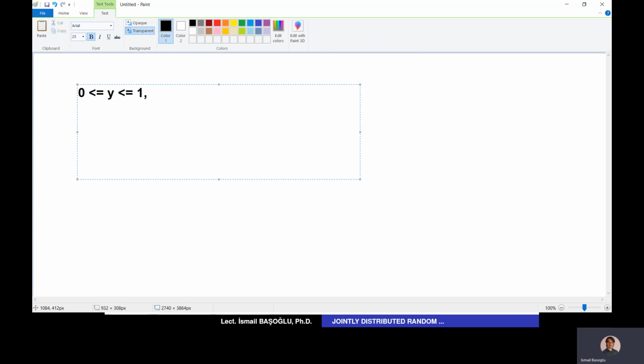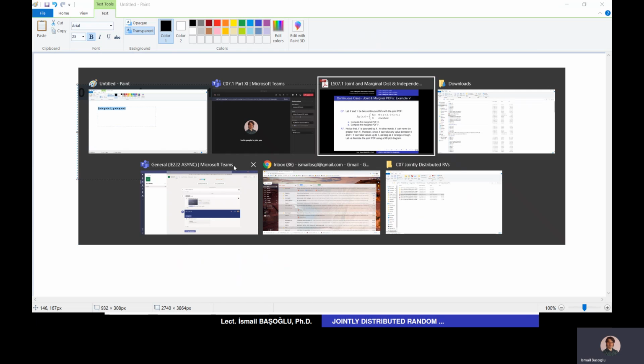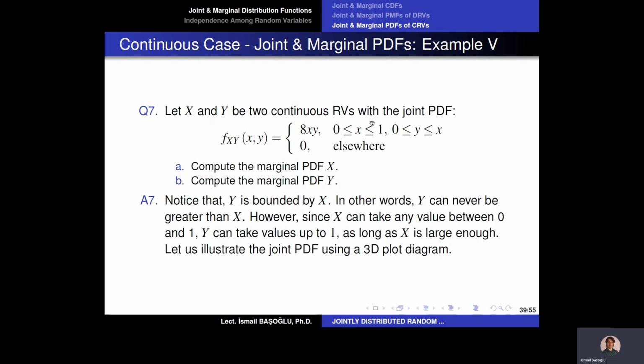And because the possible values of x should be greater than y, we can also say that the first random variable x can take values between y and 1. So this expression here and that expression you can see here are the same expression. So they are defining the same solution sets.